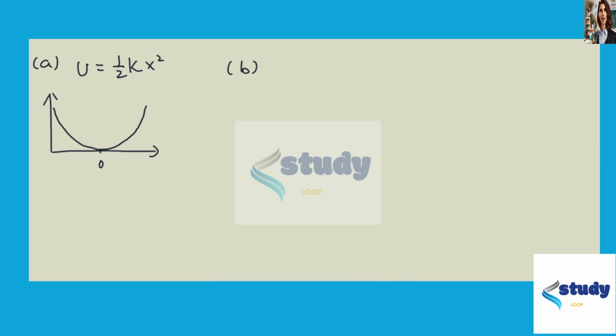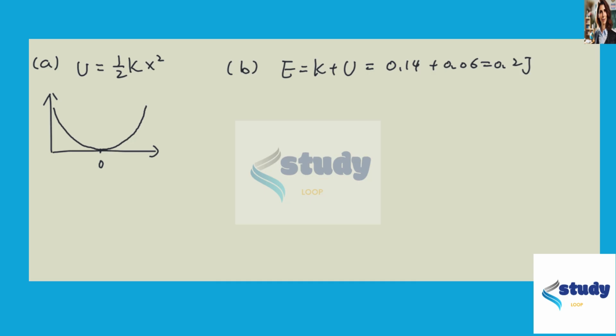For question B, what's the amplitude? So we know the total energy is the energy that is given in the question. So it's going to be equal to 0.14 plus 0.06, which is equal to 0.2 joule.